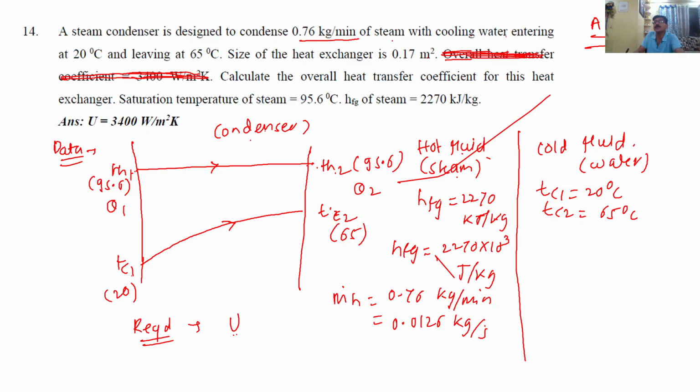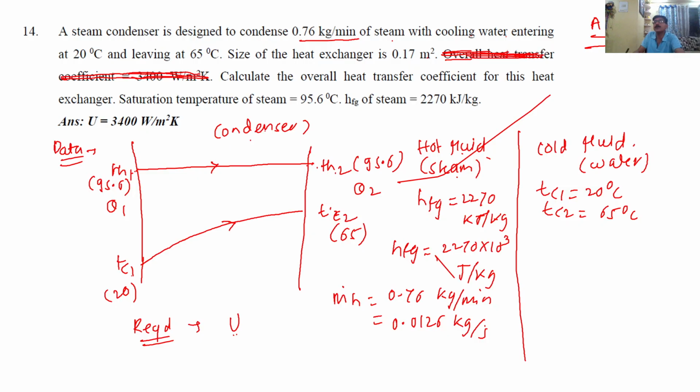It is a product of mass flow rate into specific heat of hot fluid. Similarly for cold fluid I am writing. Just put the values. M dot H is 0.4 times 3 into 2100.